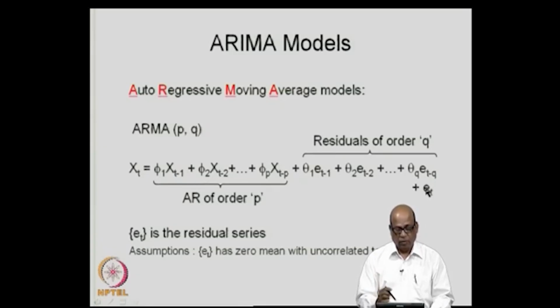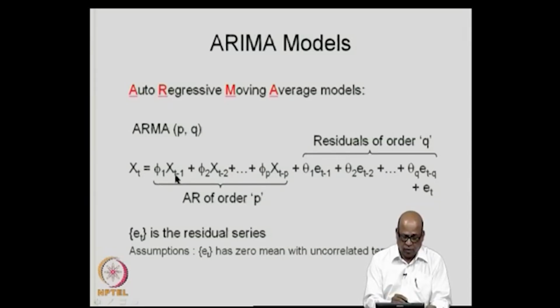On the residual series you need to do the tests. The assumptions involved in this model are that the series of residuals has 0 mean and they are all uncorrelated. In the numerical example, we will show how to do the tests on the series of residuals that you get. So, this is how a general ARIMA p q model is written. You have p autoregressive terms, and you have q moving average terms plus the noise epsilon t.